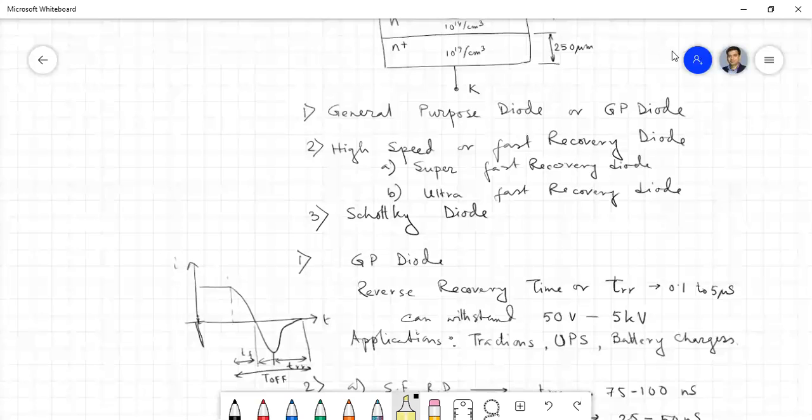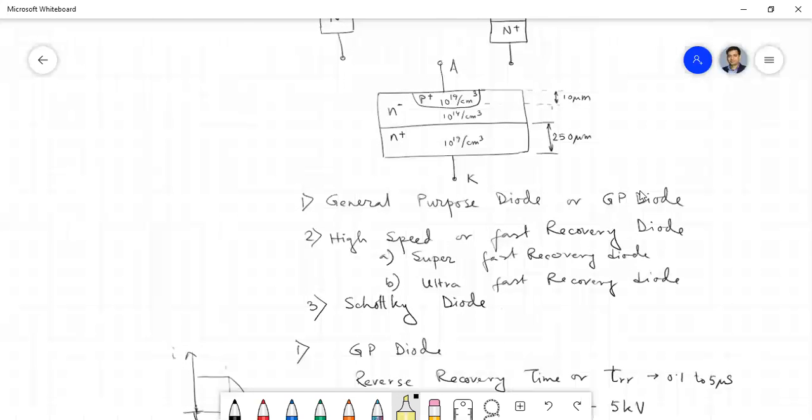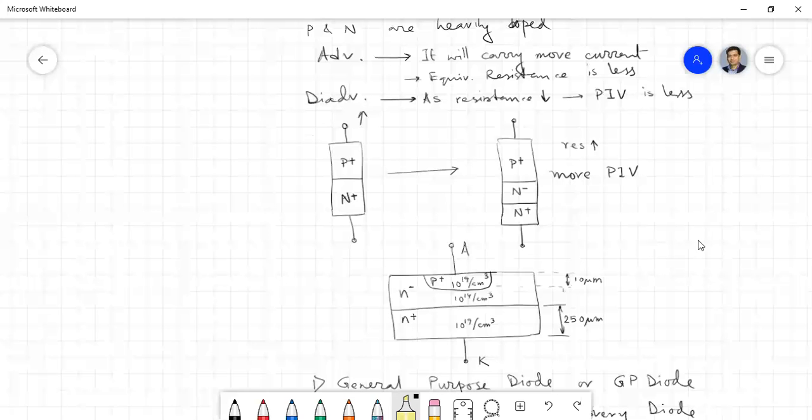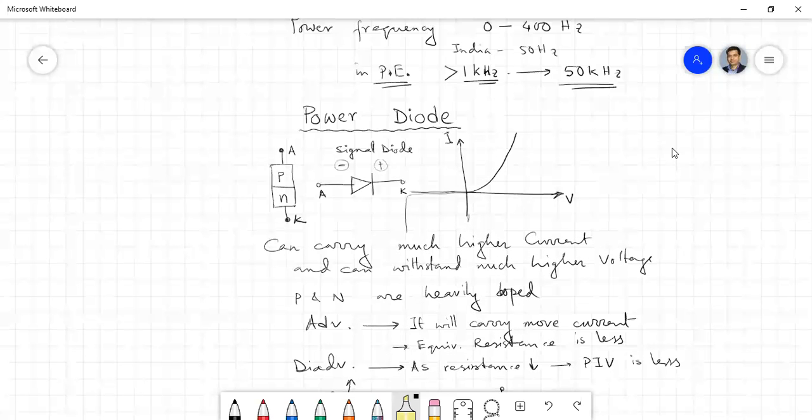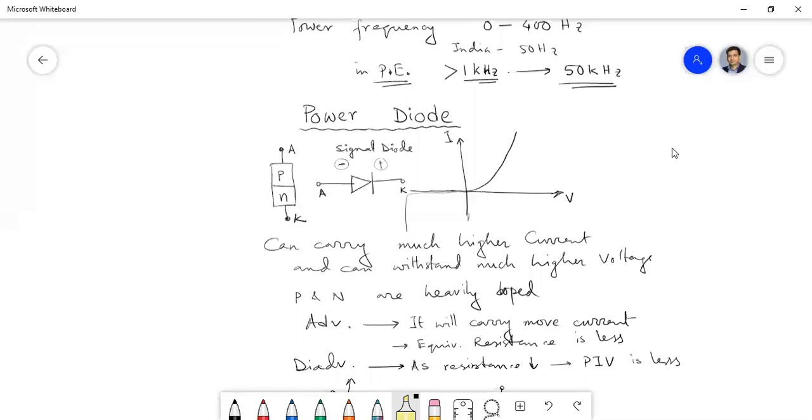Okay, so let me recap the things that we discussed in the earlier classes. In the last class, we started the power diode, which is a little different from the signal diode.